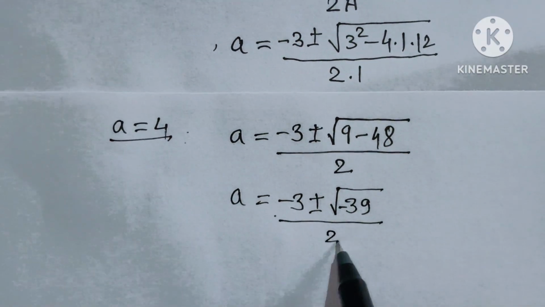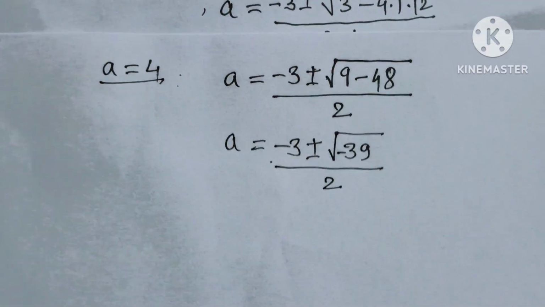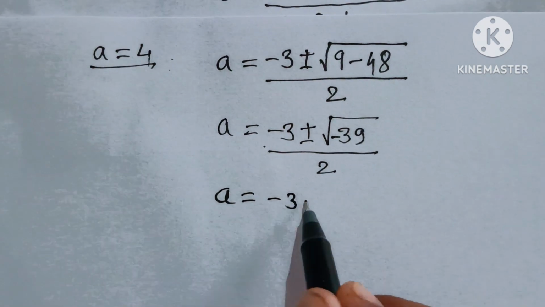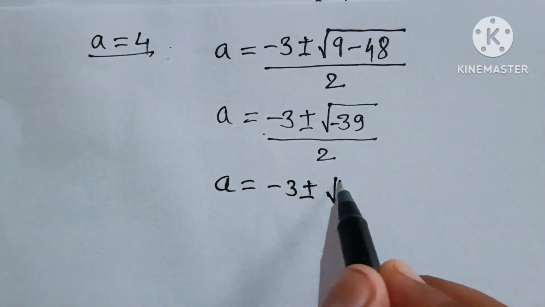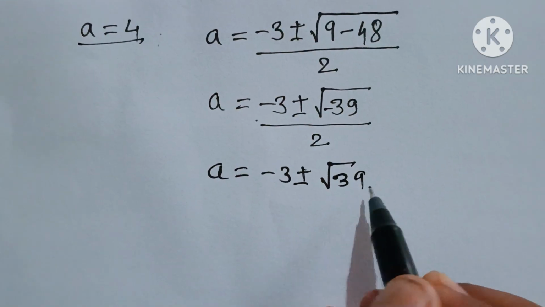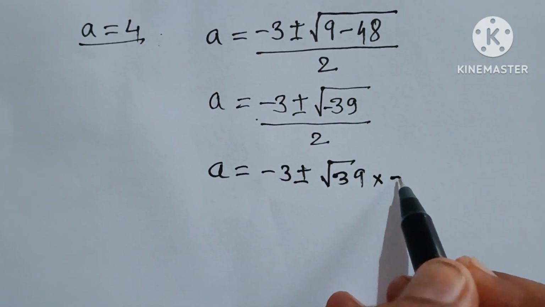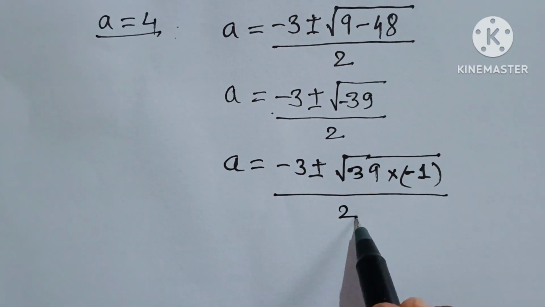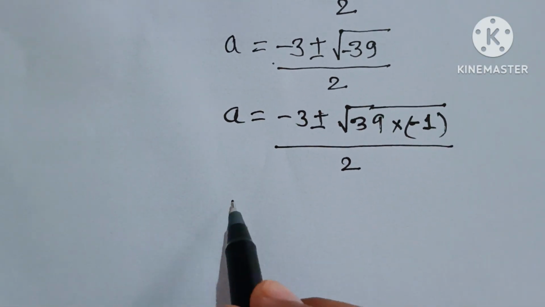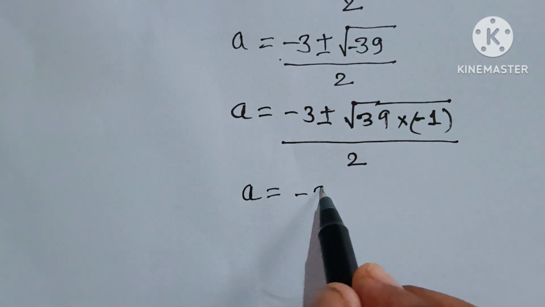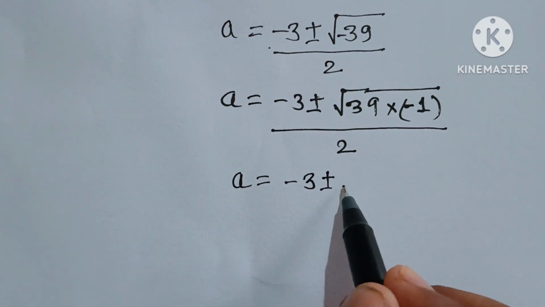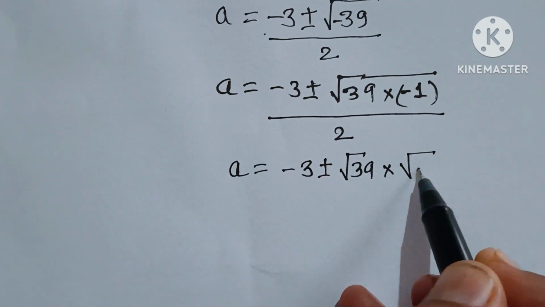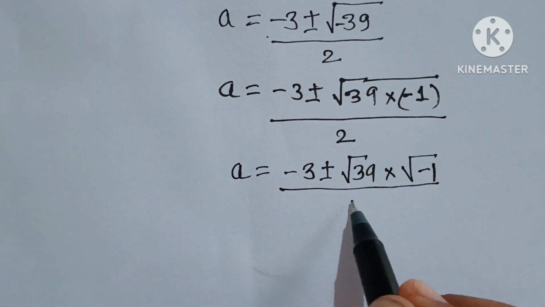Now we can write a = (−3 ± √(−39)) / 2. Now we can write a = (−3 ± √(39 × −1)) / 2. Here, separating the numerator, √39 multiplied by √−1.